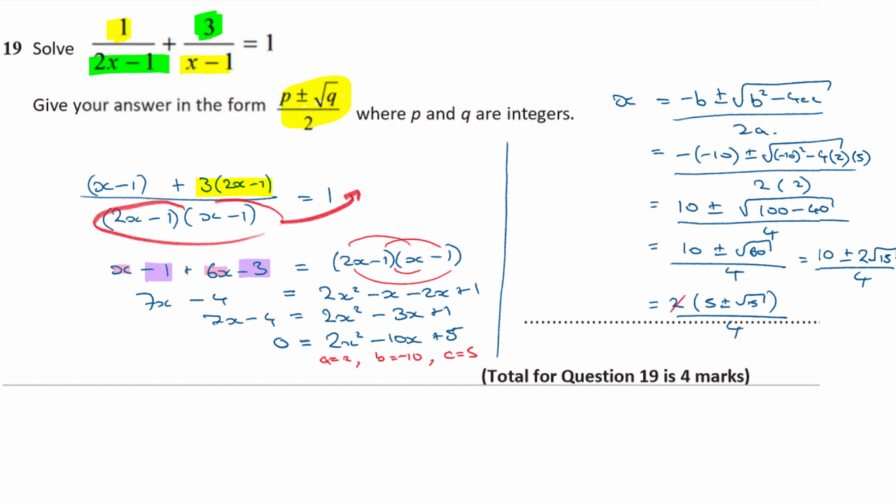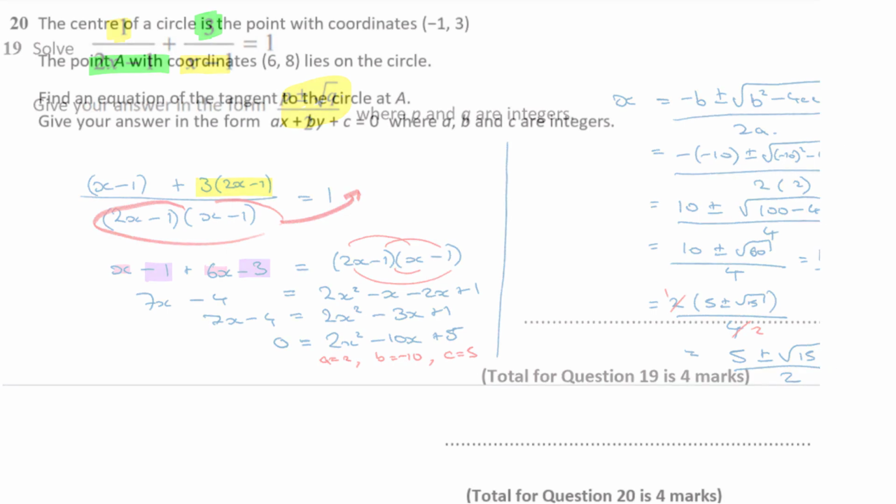And so then that cancels with that, leaving me with a 2 on the bottom. And then the final thing I'm going to get is 5 plus or minus root 15 over 2 as required. Okay, so it is the form of p plus or minus root q over 2 as we needed to get it to be. Okay.